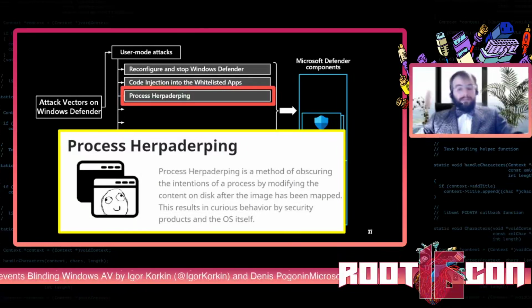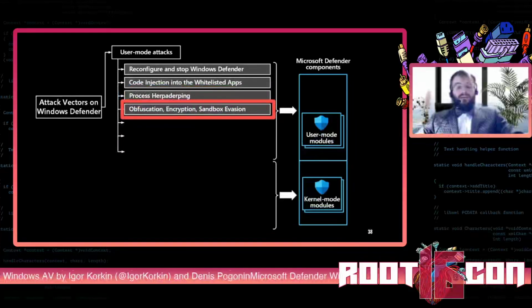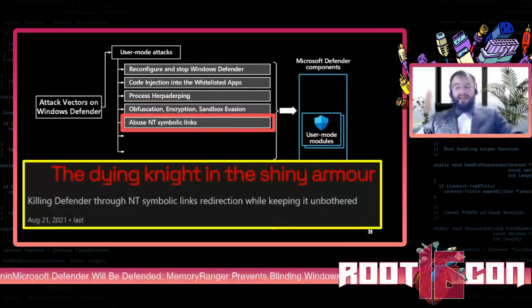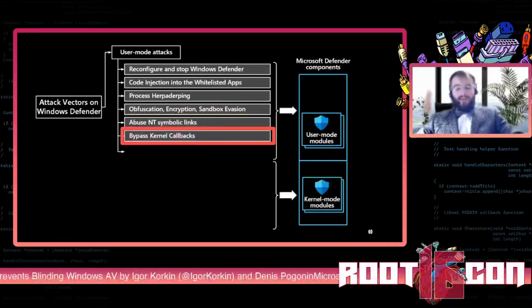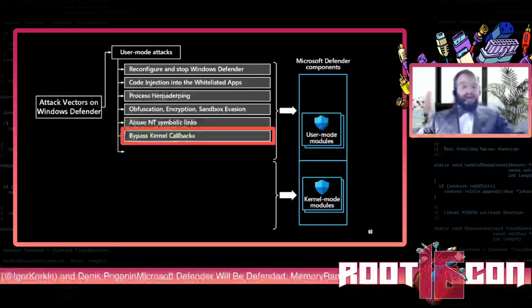Attackers can use various techniques to bypass file scanning engine of Microsoft Defender, such as packing and obfuscation. Attackers can manipulate with anti-symbolic links, which pushes Microsoft Defender to follow the wrong path. Attackers can bypass kernel callbacks to spoof the process name so that Microsoft Defender will receive a fake app name.